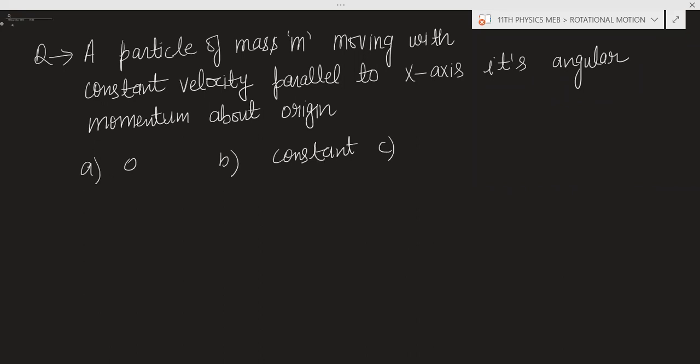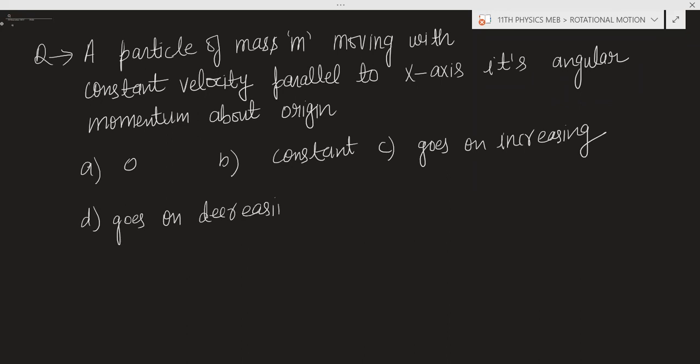Option C, goes on increasing. And option D, goes on decreasing. So we will solve this question.